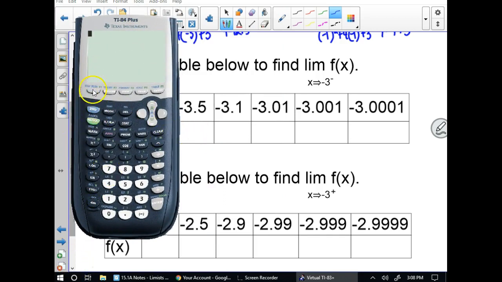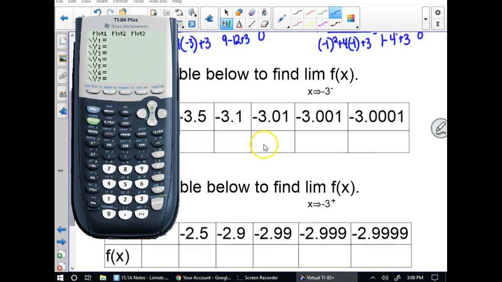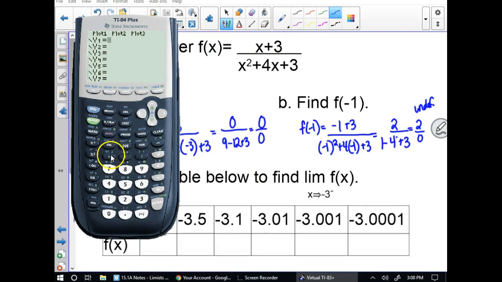Okay, and so what we're going to do is we're going to go to y equals, and we're going to type in our equation. So our equation is x plus 3, put some parentheses around that, divided by x squared plus 4x plus 3. Okay, and once I have that in, I'm going to go to my table.